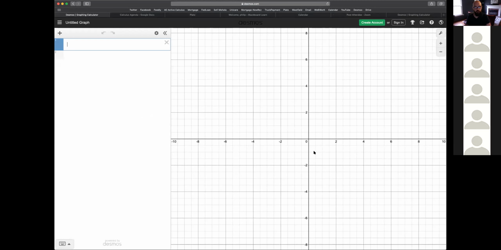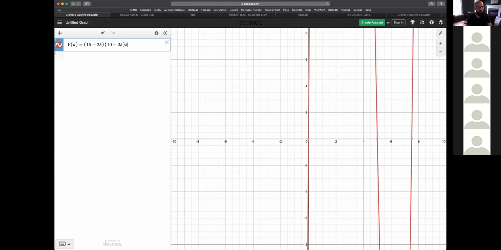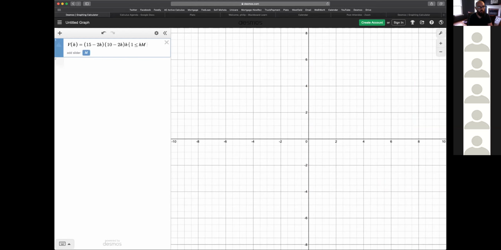Okay, so our volume, right? This is going to be V of H, which was 15 minus 2H times 10 minus 2H times H. We want to restrict our attention to when H is between 1 and 3.